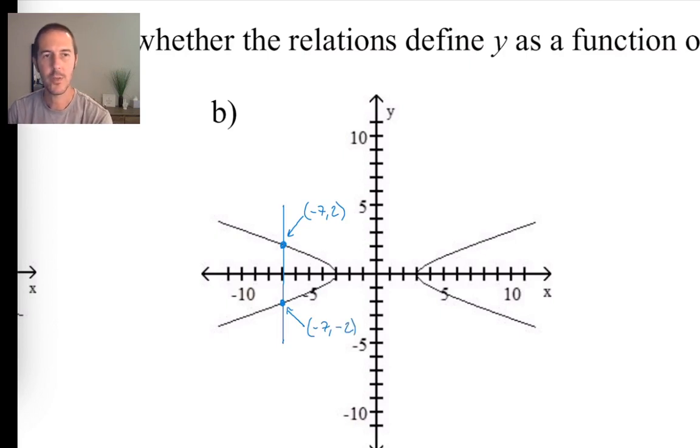So here you're seeing a visual representation of an x value that's mapping to two different y values. A repeated use of an x value disqualifies the relation or the graph from being a function. So therefore, this graph is not the graph of a function.